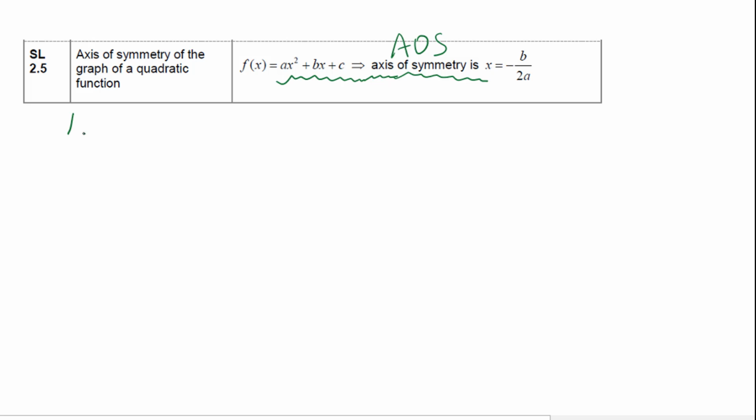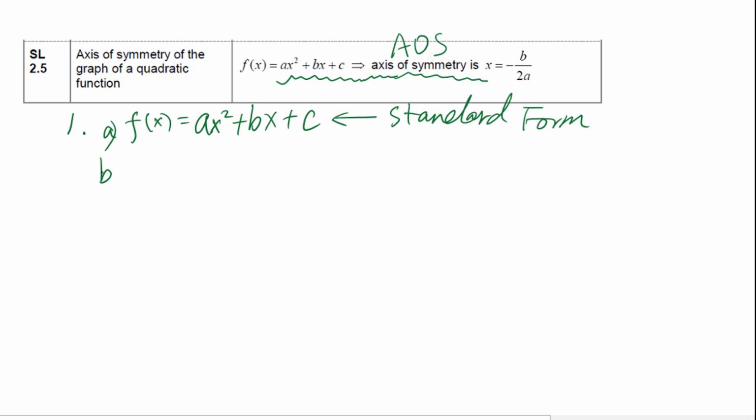First of all, you have to know three forms of a quadratic function. F of x equals ax squared plus bx plus c. We call this a standard form. For b, we have a vertex form. That is a(x minus h) squared plus k.